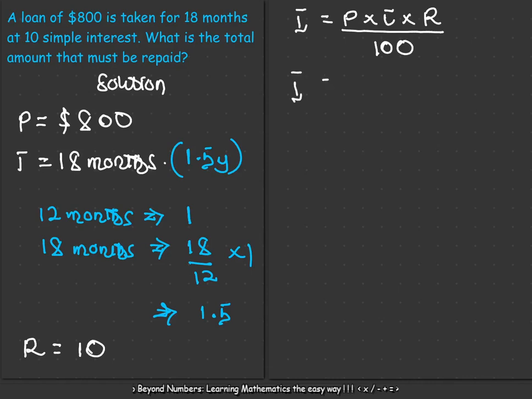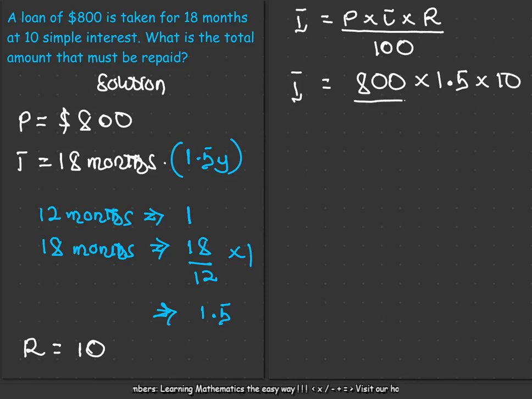And substituting, we have 800, which was our principal, times the time, which we have calculated to be 1.5. Then times the rate, which was given as 10, so over 100.